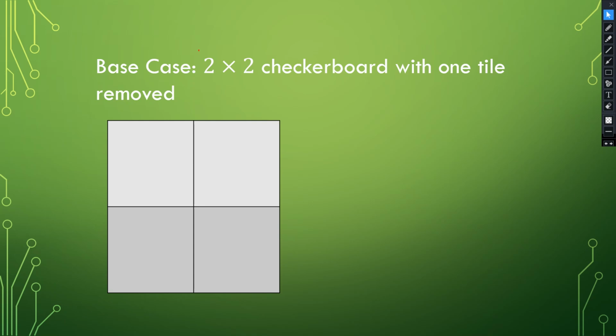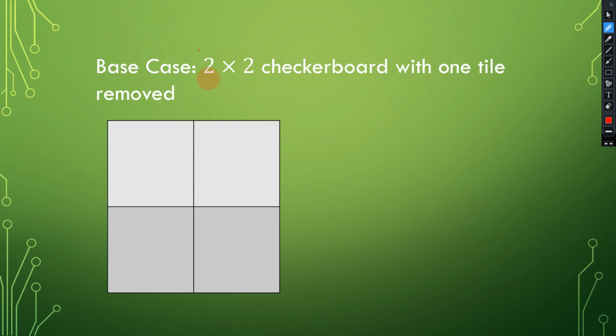Base case means the smallest size input, a very trivial question, which you can answer using pen and paper. And you can see that what you were thinking holds true: I can cover this smaller 2 cross 2 checkerboard with one tile removed using a triomino. The smallest question for which the general trend or hypothesis is true, that is your base case.